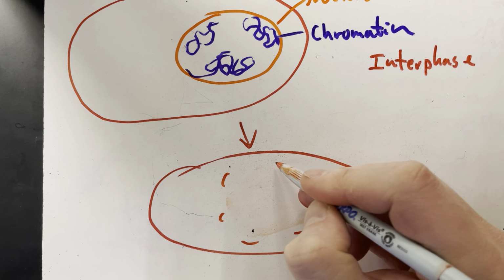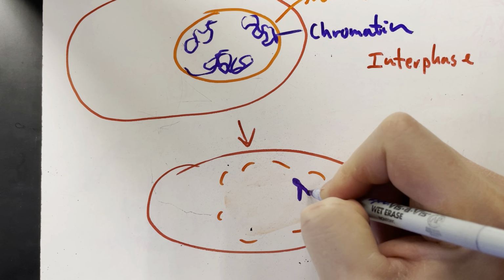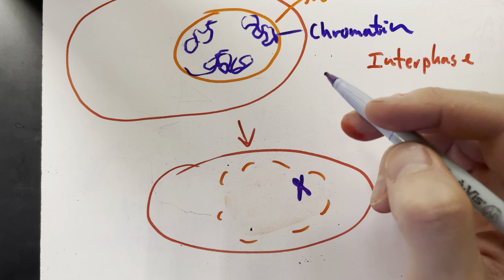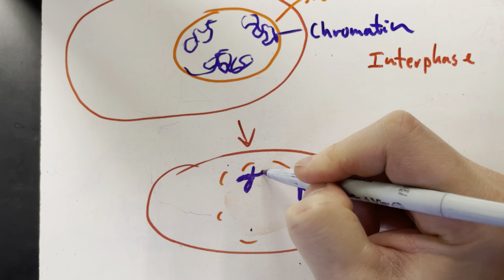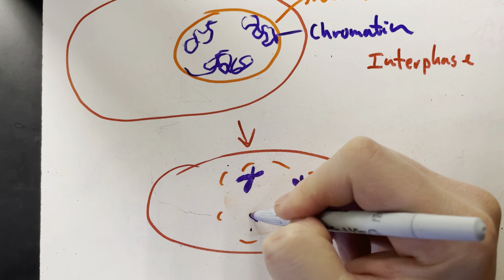And the chromatin condenses. So each chromosome actually condenses down into what are called chromatids. And that gives you these familiar X shapes.